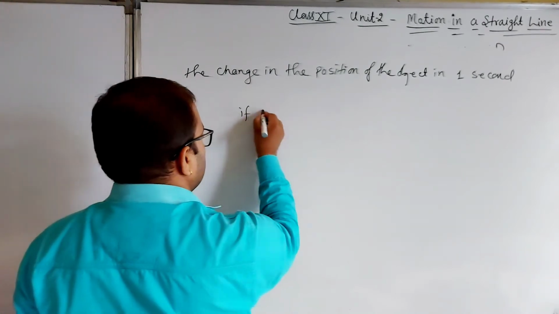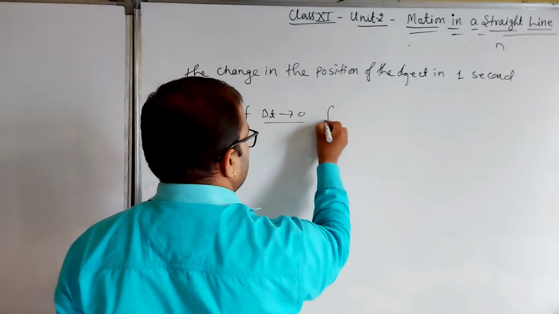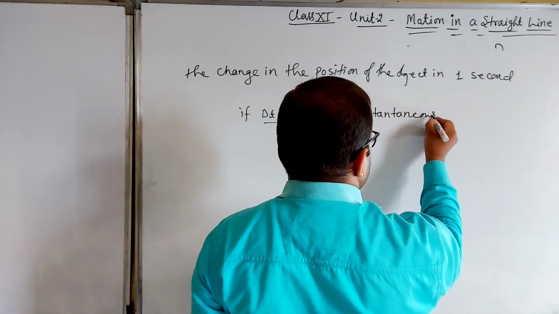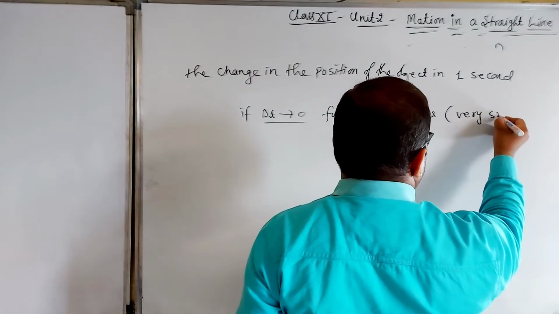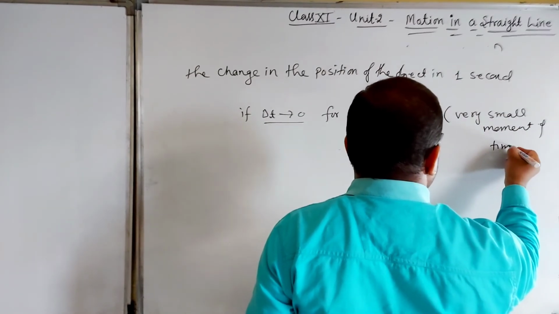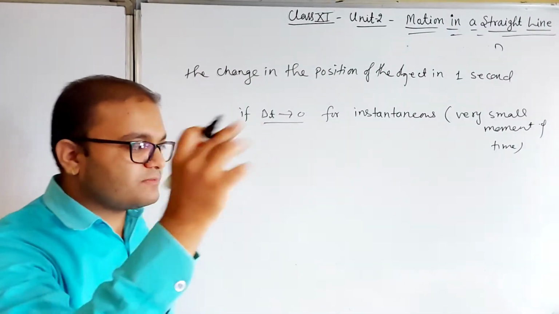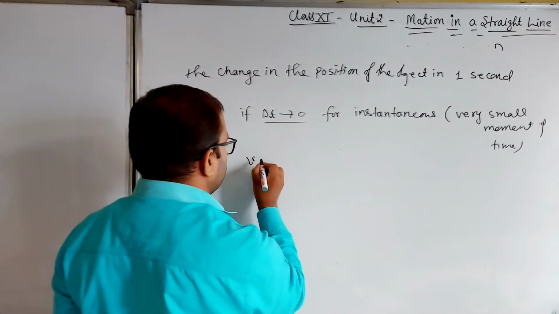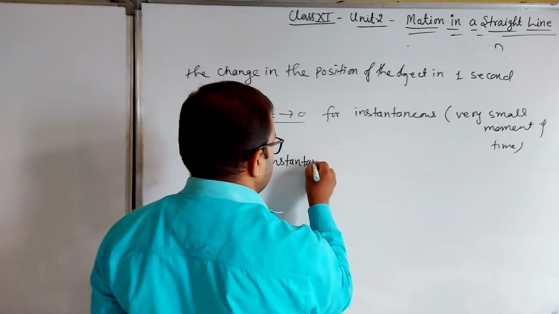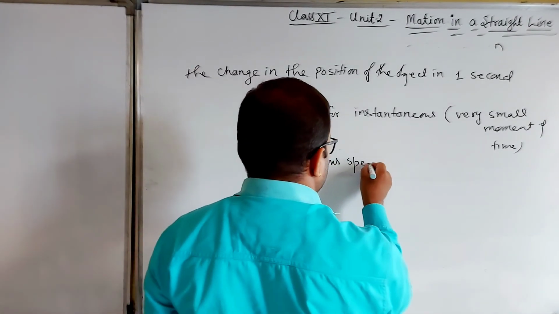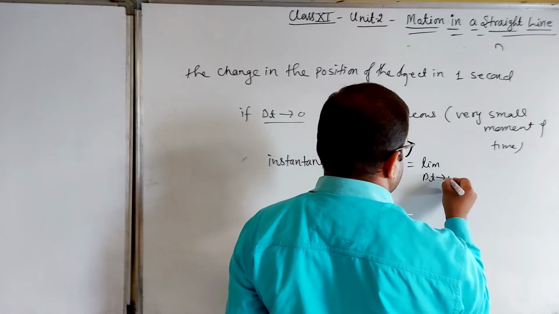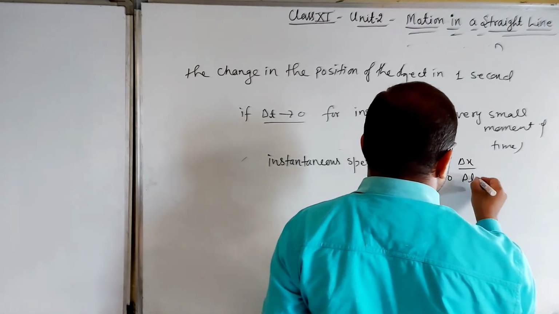Suppose delta t tends to 0 for instantaneous, means a very small interval of time, we can write instantaneous speed v equal to limit delta t tends to 0 of delta x upon delta t.